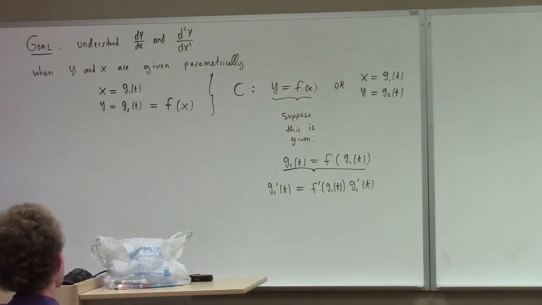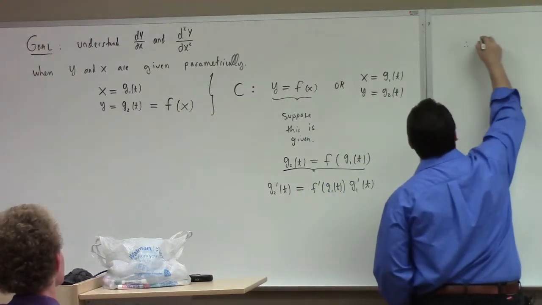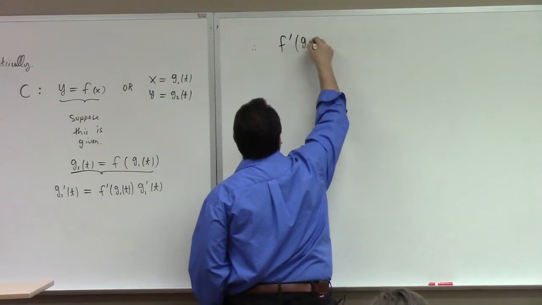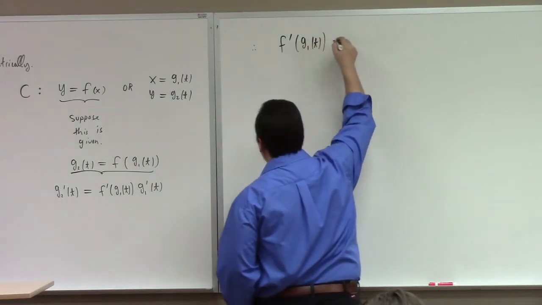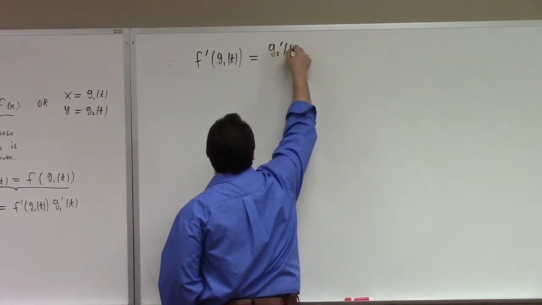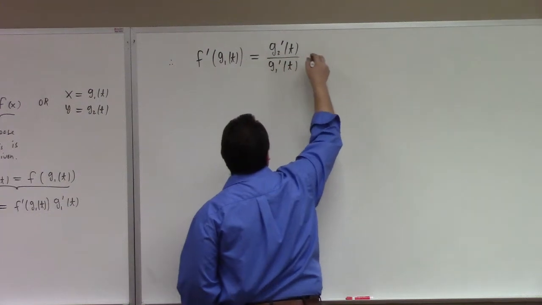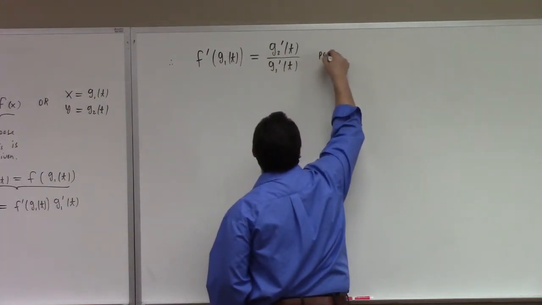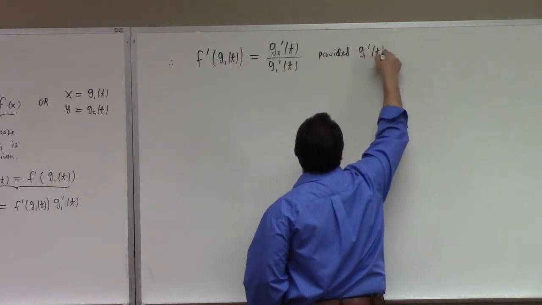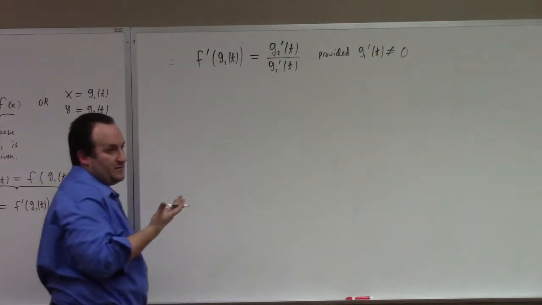Right? And so what does this tell me? Therefore, f prime of g1 of t equals g2 prime of t divided by g1 prime of t, provided what? Now, what's our usual language?